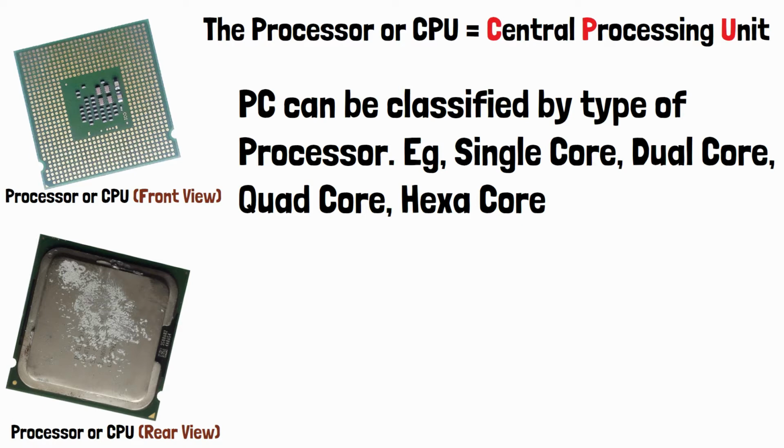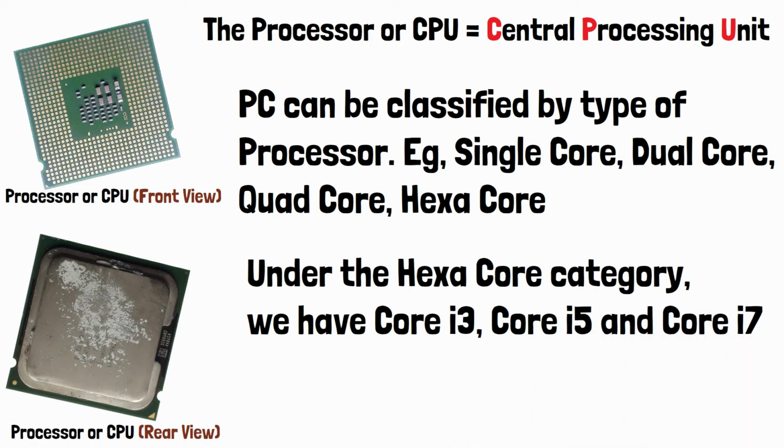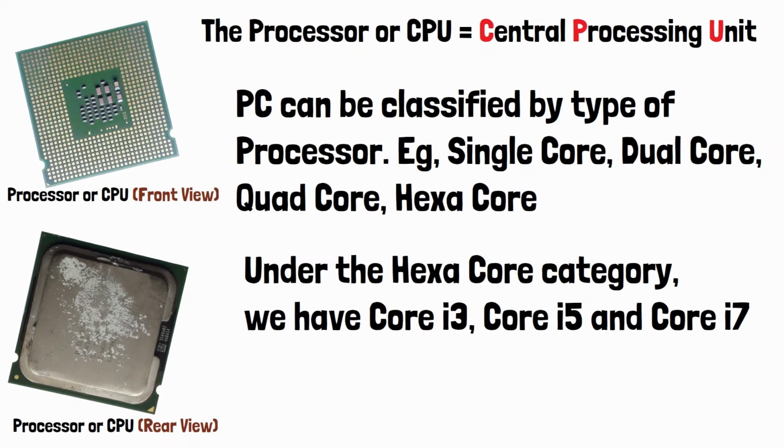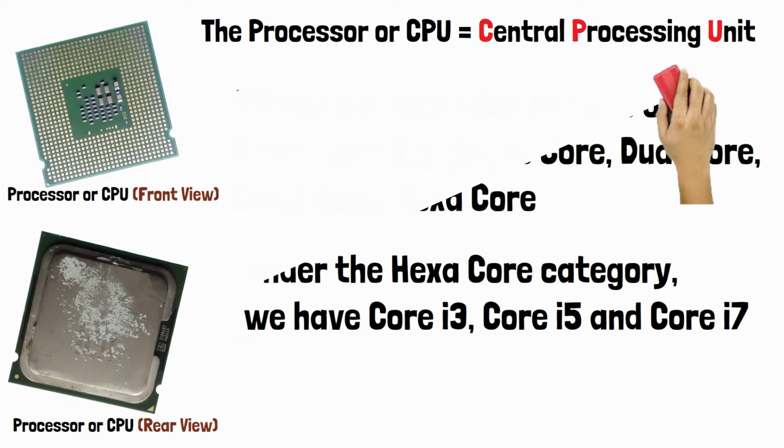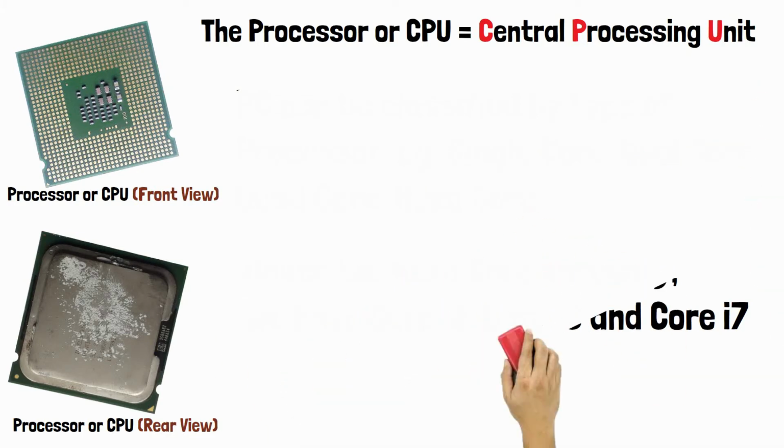Under the quad and hexacore categories, you have things like Core i3, Core i5, Core i7. Sometimes, when you buy a computer, you see that it is Core i3, Core i5, or Core i7. Perhaps in a future lecture, we'll talk about what these cores are and how they work.